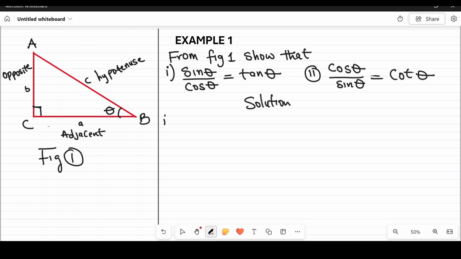Number 1 says that we should show sine theta divided by cos theta is equal to tan theta. First of all, we know from our figure that tan theta is equal to opposite divided by adjacent.